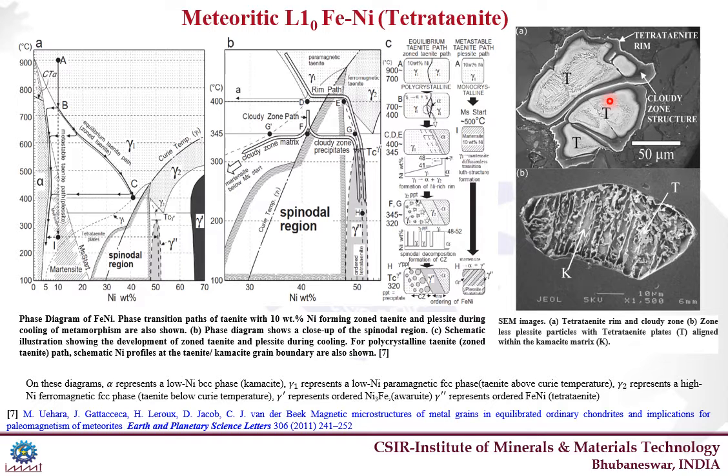Second is the metastable phase, where FeNi first reaches the martensitic phase, and due to further extremely slow cooling, the tetrataenite is precipitated as nanoparticles in the martensitic matrix. The formation procedure of the two phases is shown in the phase diagram here.